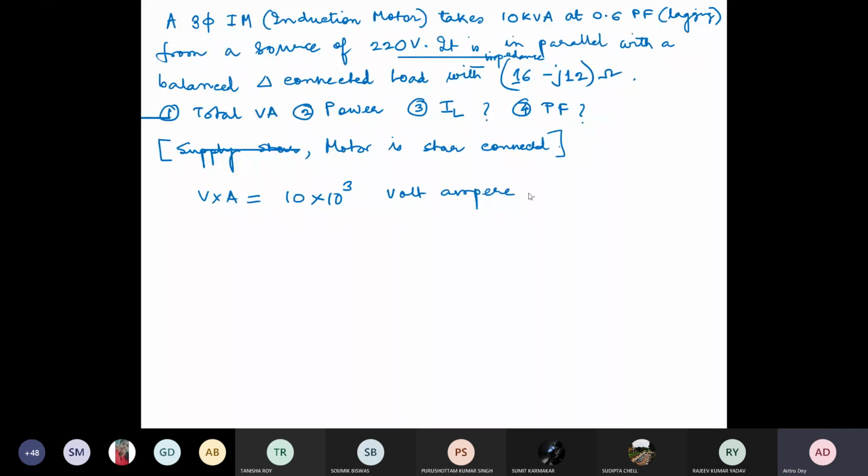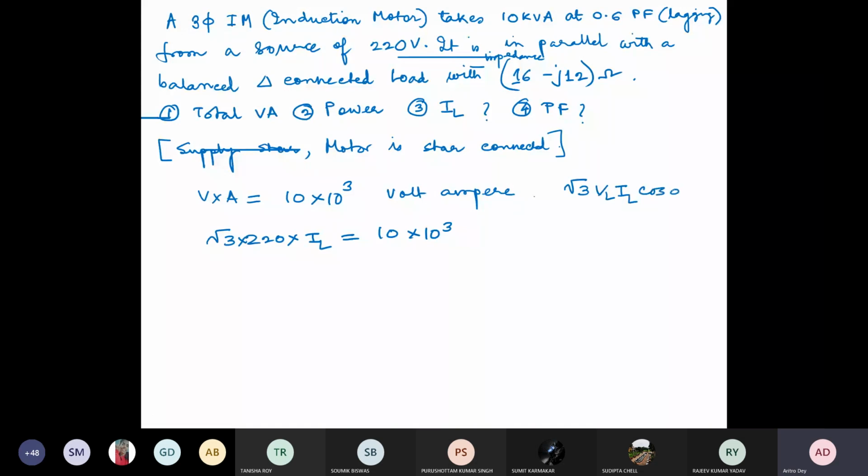If you know your line voltage, which is 220, then root 3 VL IL equals 10 into 10 to the power 3. Why? Because we know that root 3 VL IL cos phi is equal to total power.